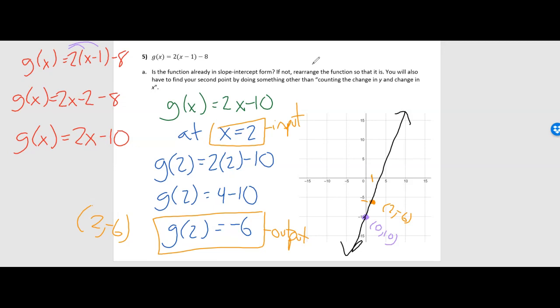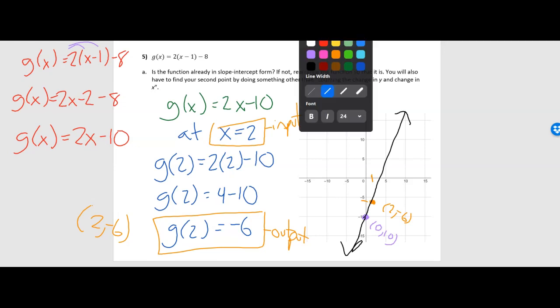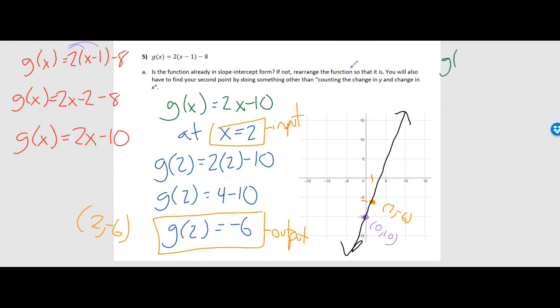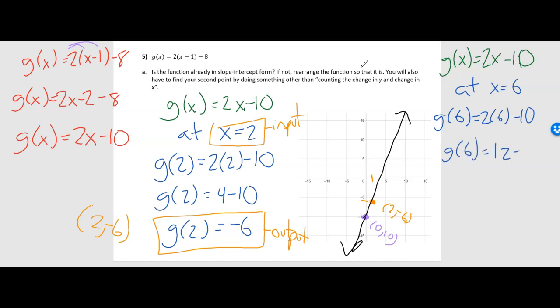Again, you could have chosen some other number. Let's choose 6 and see how close that point is to our line. So if I do at x is equal to 6, I get g of 6 is equal to 2 times 6 minus 10. g of 6 is equal to 12 minus 10. g of 6 is equal to 2. So my point becomes 6 comma 2, right?